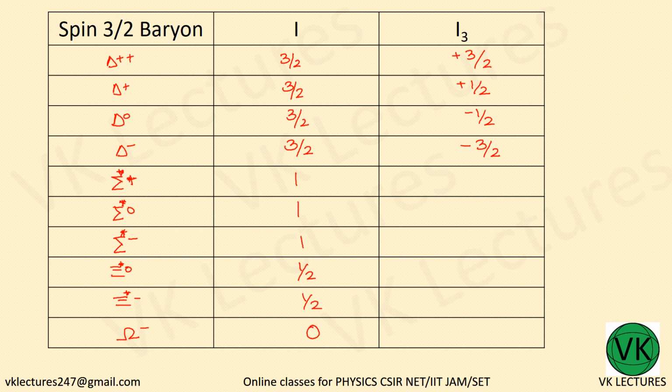For the 3 particle group, starting with sigma plus star, we have plus 1, 0 and minus 1. And for the 2 particle group, starting with sigma naught star, we have half and minus half, and for the last, the isospin third is 0.